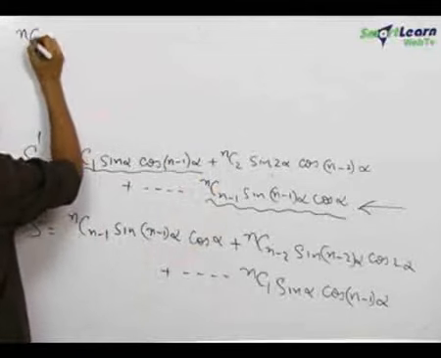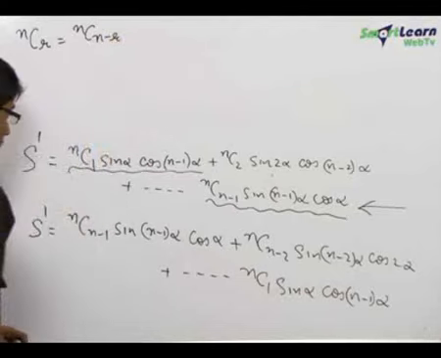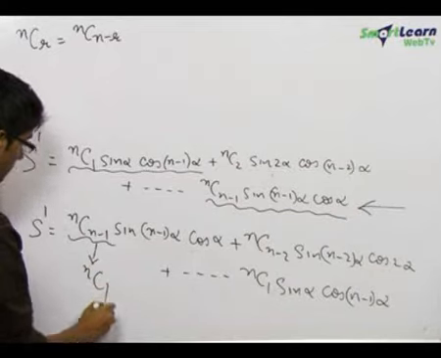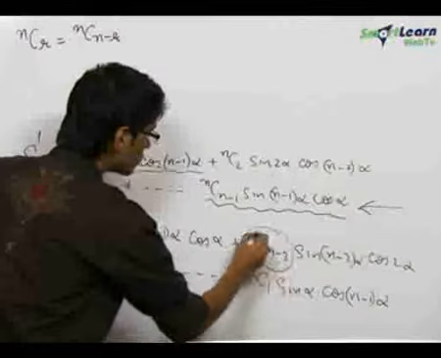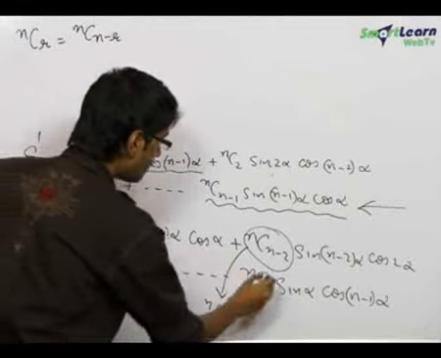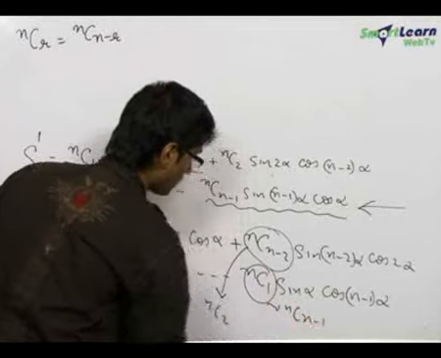Now we know that nCr is equal to nC(n minus r). So we can write this nC(n minus 1) as nC1, this nC(n minus 2) as nC2, and this nC1 as nC(n minus 1).